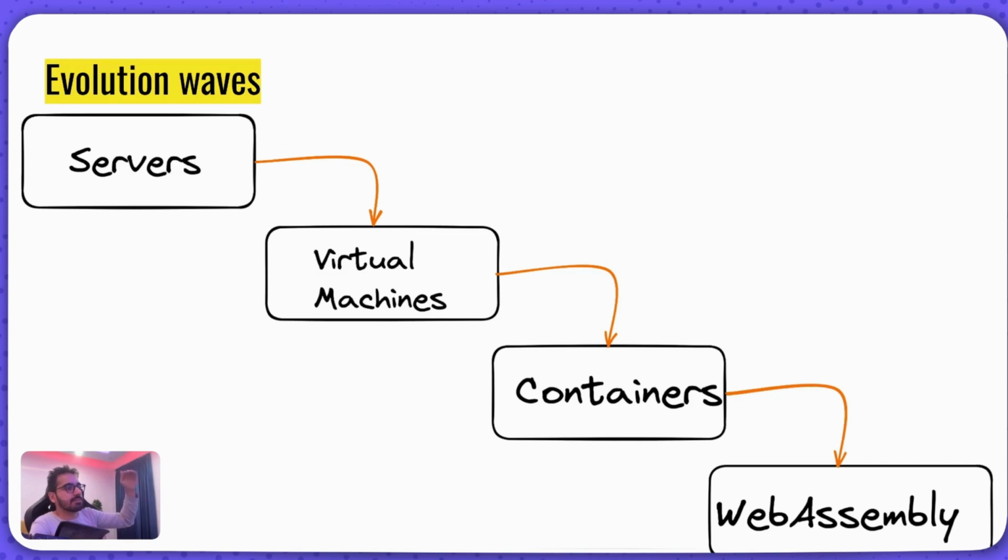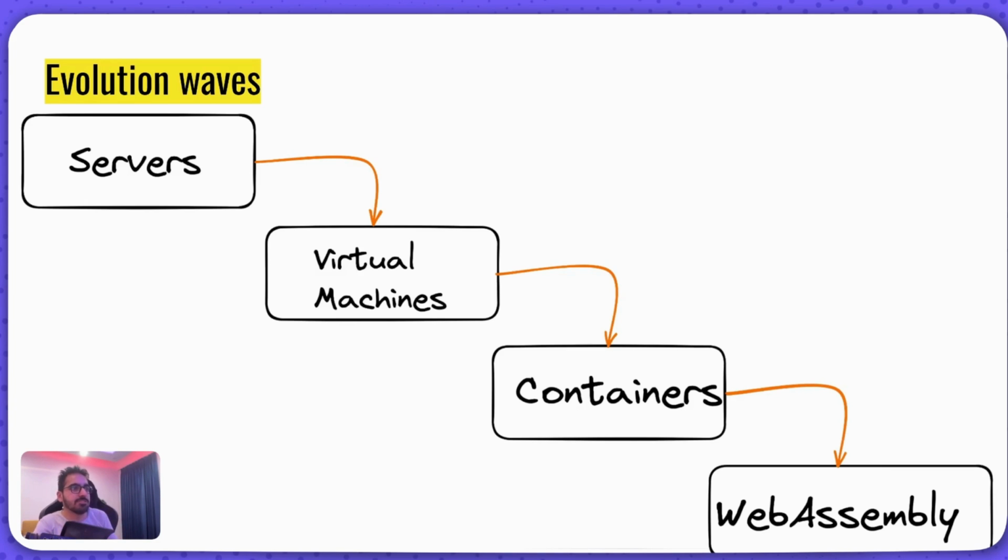So you had servers in the past, and then you abstracted those servers with virtual machines. So you click a button, you get an instance in the cloud. And then you have the next evolution wave, which is containers. Wow, I can abstract even the virtual machines. Actually, it's the abstraction of the operating system, but still, you have the abstraction level over there where you can run multiple containers, and you can just package your application and run any containers on the same virtual machine.